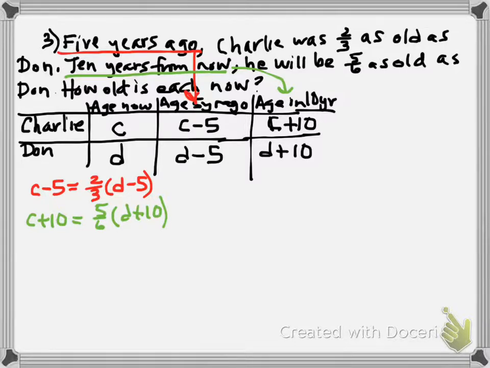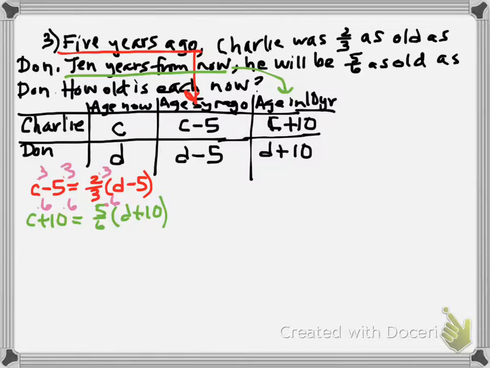All right, what do you think would be a good first step in both of these equations? No, I don't think distribution would be a good first step. Let's not get rid of variables, we can't do that. Let's get rid of the fractions. So I'm going to multiply the top equation, anything outside parentheses, by 3, and in the bottom equation, anything outside parentheses by 6.